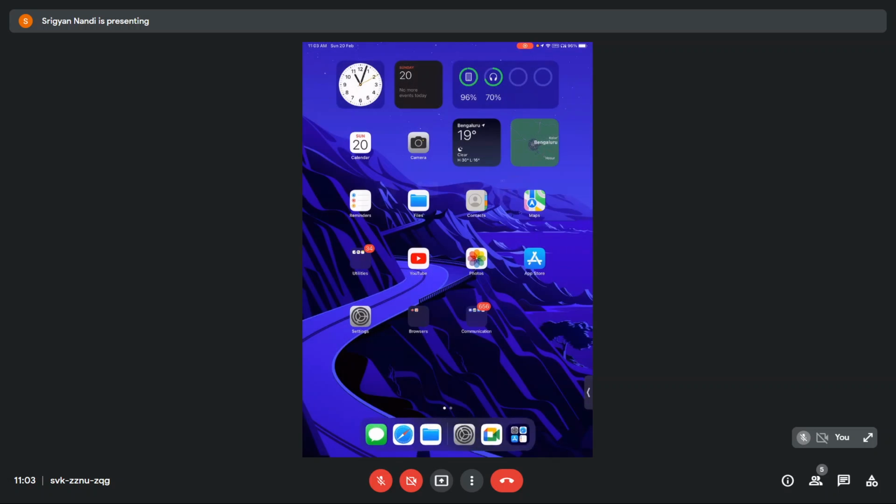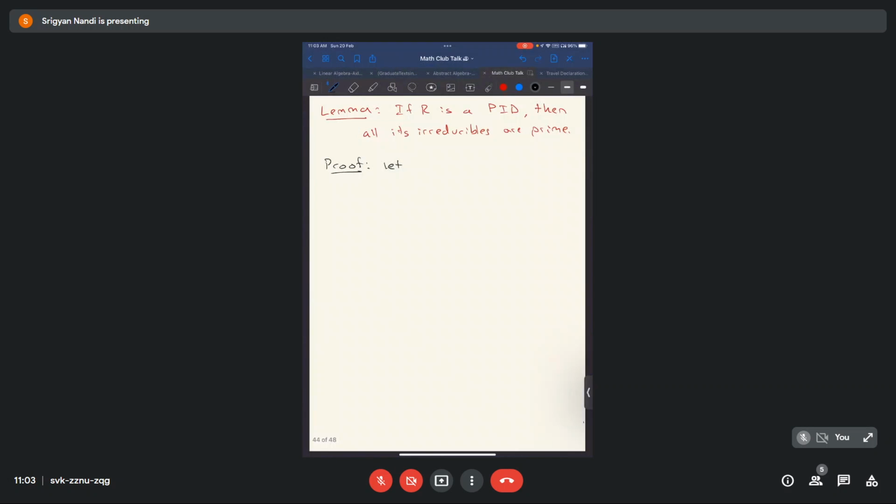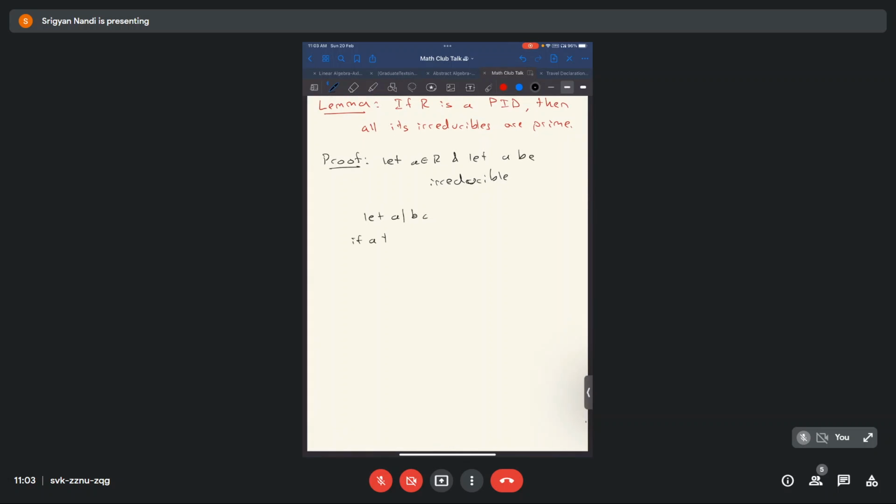So we start with our standing assumption. Let a belong to the integral domain and let a be irreducible. Let a divide some bc. If a does not divide b, then let d be the greatest common divisor of a and b.